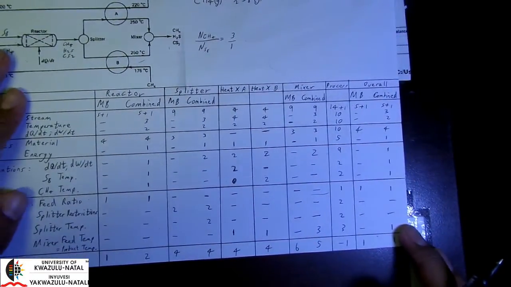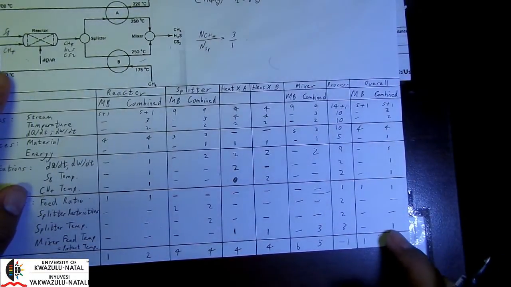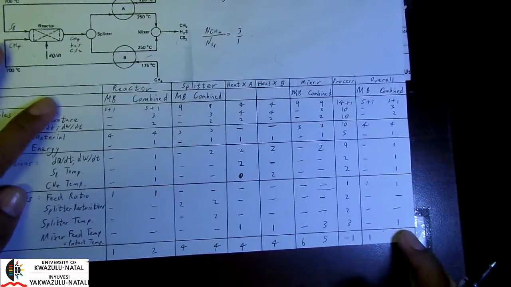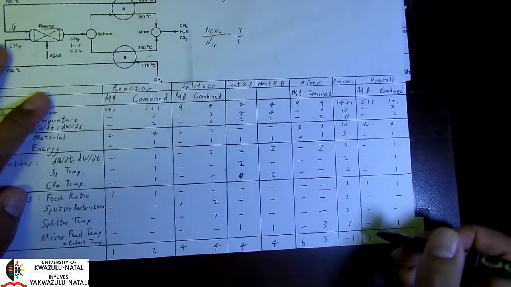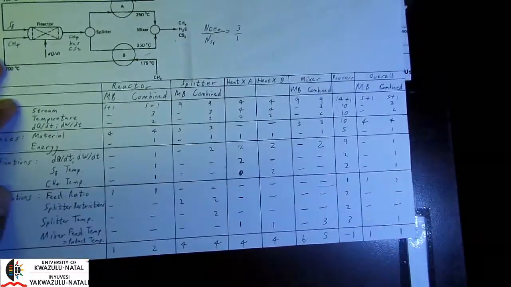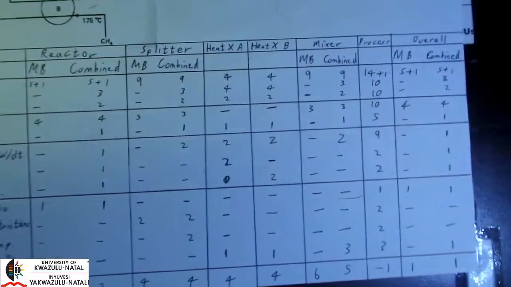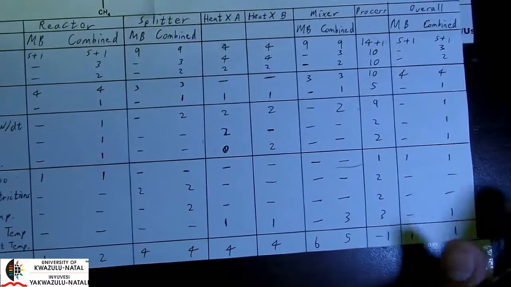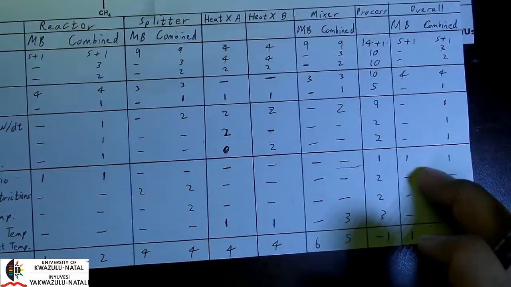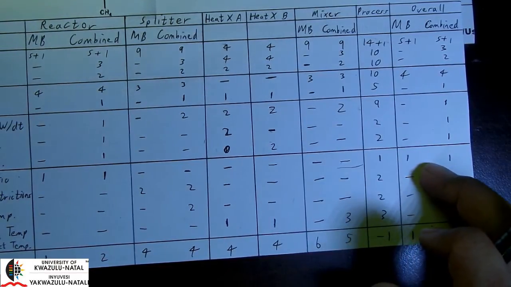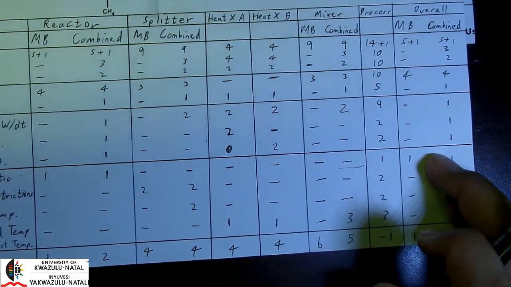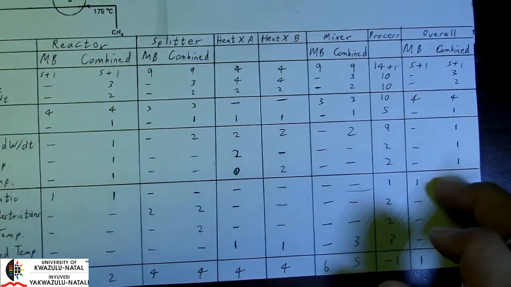Okay, so ultimately we will need to assume a basis in order to solve this problem. Okay, but the reason for this example was to illustrate how we draw up a degree of freedom table. Okay, so that's the degree of freedom analysis solved.